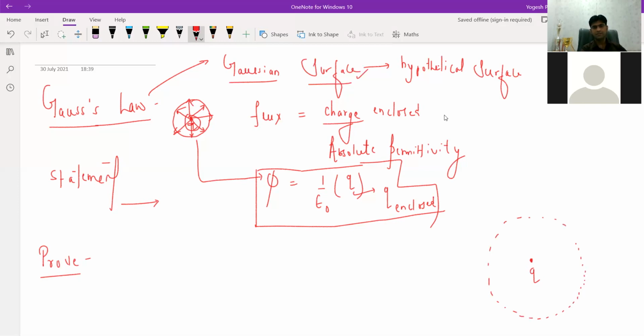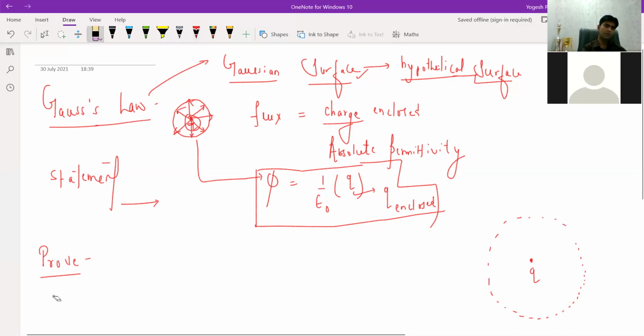So a Gaussian surface is a hypothetical surface which is symmetrical to the given charge distribution. Like for a wire, it is cylindrical. For a sheet, it is cuboidal. For a point charge, or volumetric charge, that will be again spherical. Now we have to prove it.